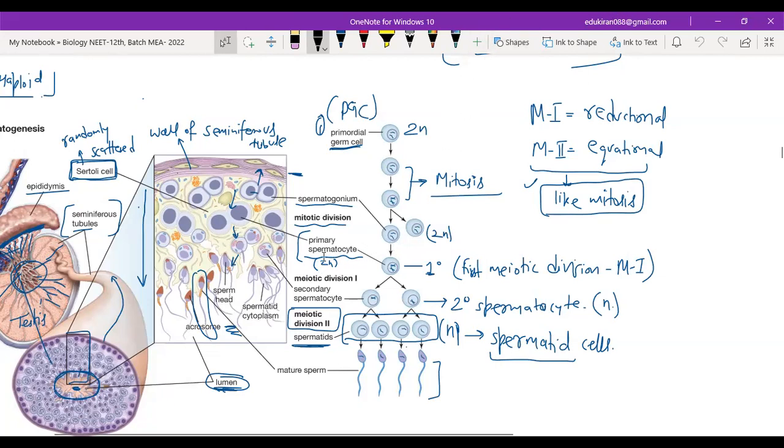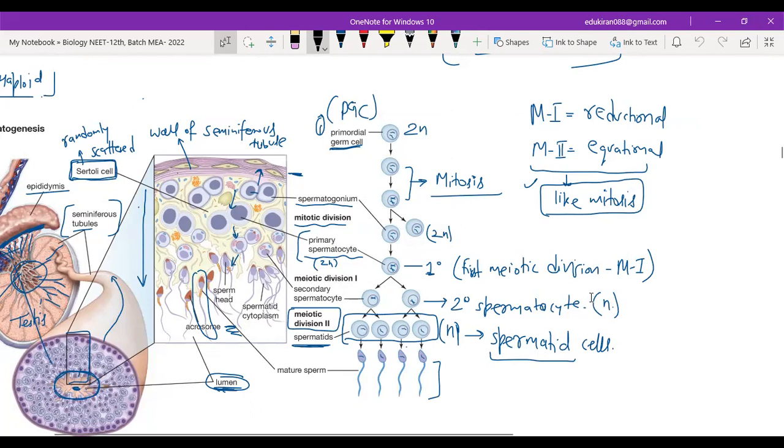Primary spermatocyte is diploid. It is the first cell line in the testes which now commits itself to the process of sperm formation. It undergoes meiosis 1. After meiosis 1, it forms secondary spermatocytes, which are haploid.